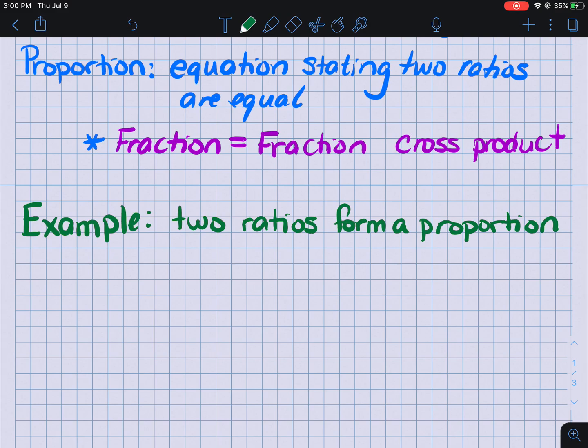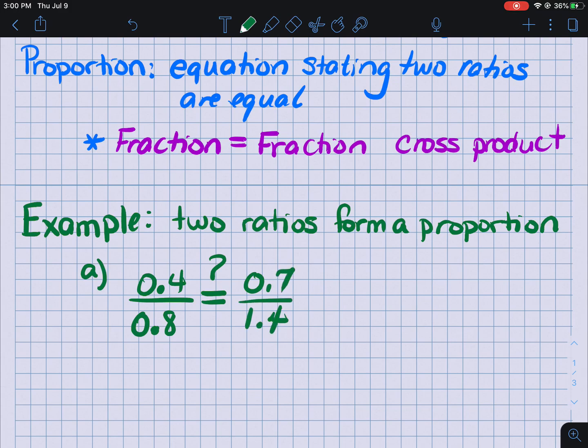So I'm just going to do 2 examples of this. For example, I want to know, is 0.4 over 0.8 proportional, question, to 0.7 over 1.4? Now you'll notice I didn't say they were equal. I have a little question mark over the equal because I'm questioning whether this is true. Are these 2 the same proportion?